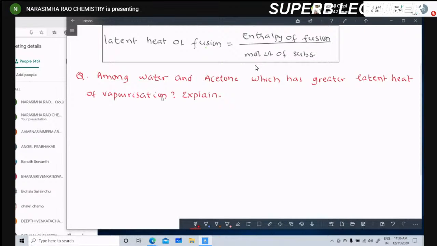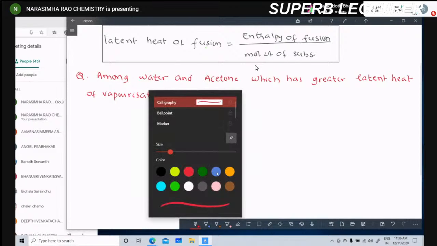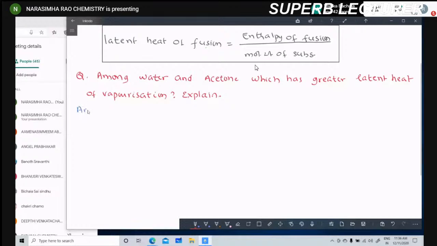Okay. Right, children. Let me discuss now. My answer for this one: among water and acetone, which has the greater latent heat of vaporization, the answer is water.